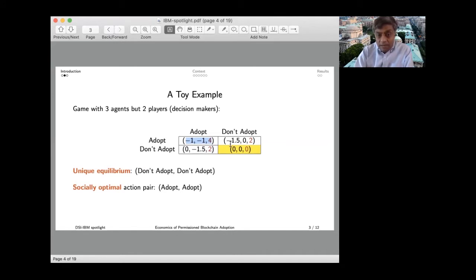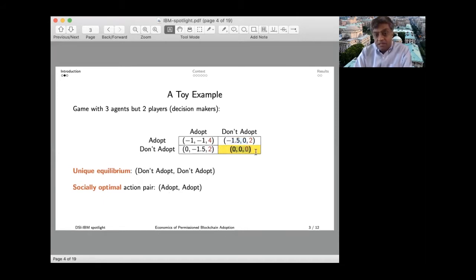If one of them adopts and the other one does not adopt, then the cost to the adopter becomes 1.5, and the benefit to the third agent becomes 2, which is lower than what they would have gotten had both of them adopted. So the unique equilibrium in this setting between the 2 players that are going to make the decision of adopting or not adopting happens to be don't adopt, don't adopt.